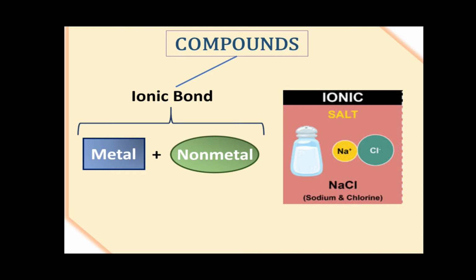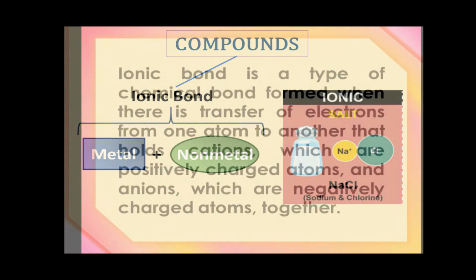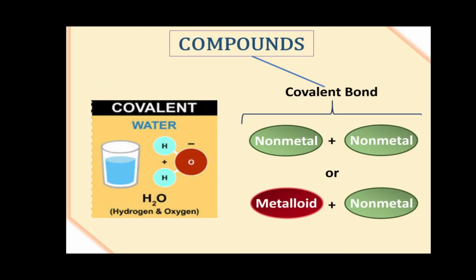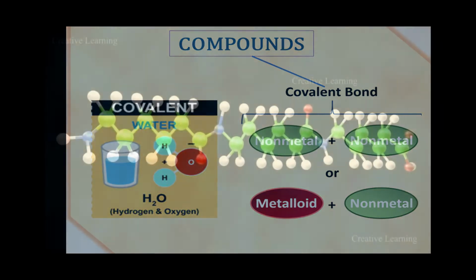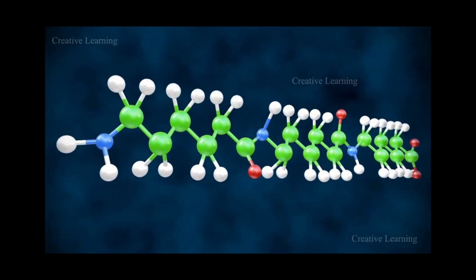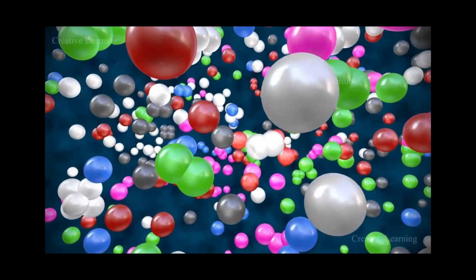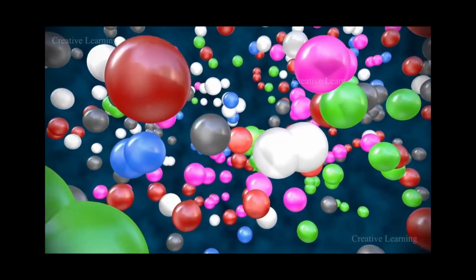The chemical combination between the two elements results in the formation of ionic bonds between the atoms. Now, let's move on to covalent compounds. Covalent compounds are substances that are formed from the chemical combination of two or more non-metallic elements.